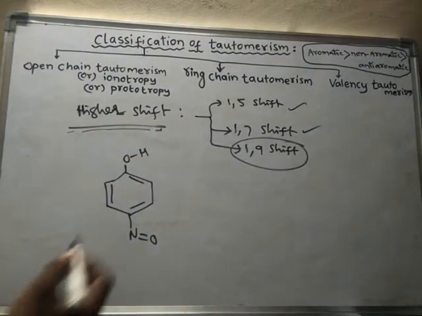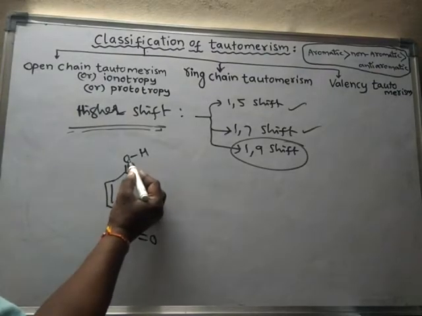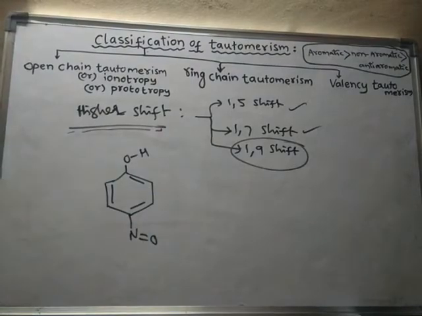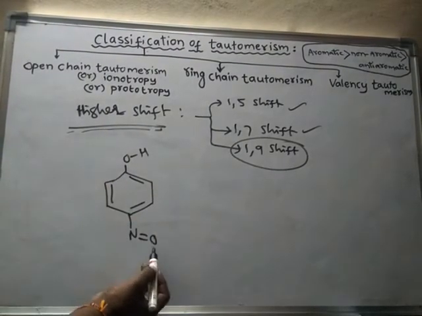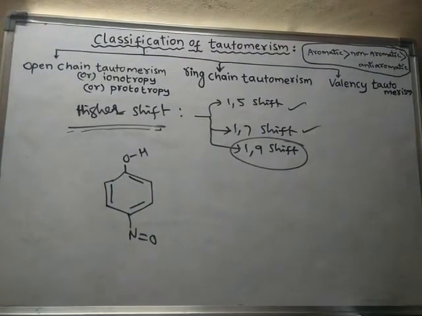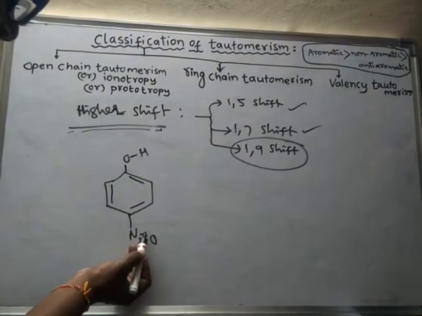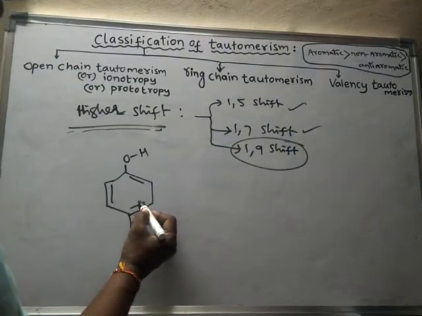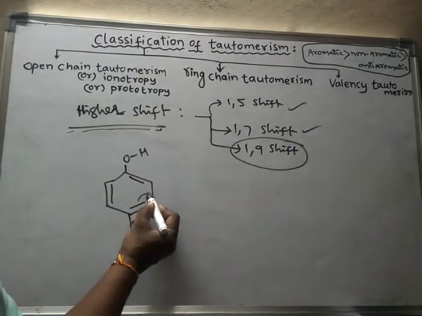See what happens? This hydrogen which is present on this oxygen will shift to this oxygen. So here nitroso will convert into oxime. See here, a double bond will shift from here to here.